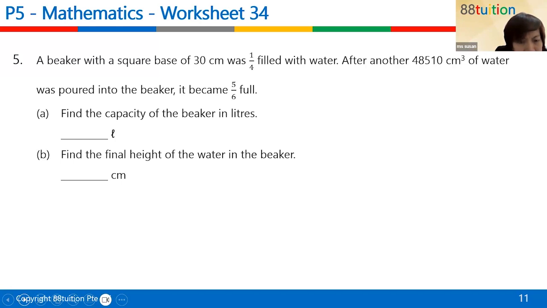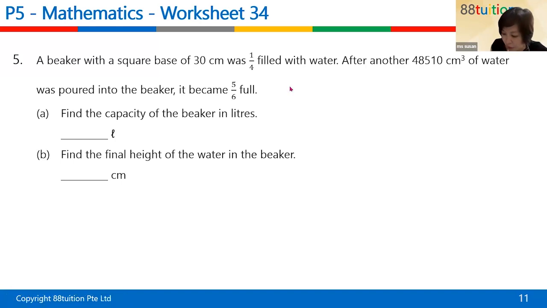Okay, it was 5/6 filled. Oh, I think I know what happened. They didn't give you everything. So it just says that there's a square base. I almost got tricked by it.